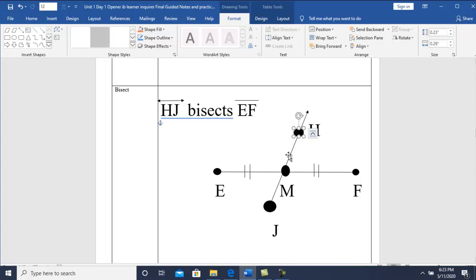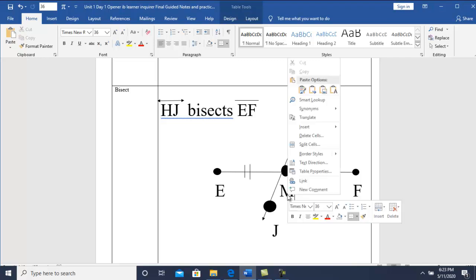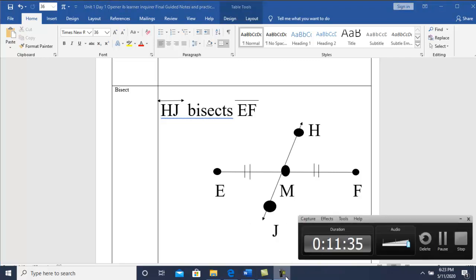So in our picture here, there's our line cutting the line segment in half. This is the notation. The line is going to have arrows. The line segment does not. All right, that concludes the notes for page 2.